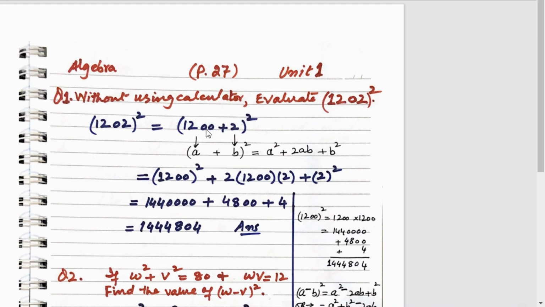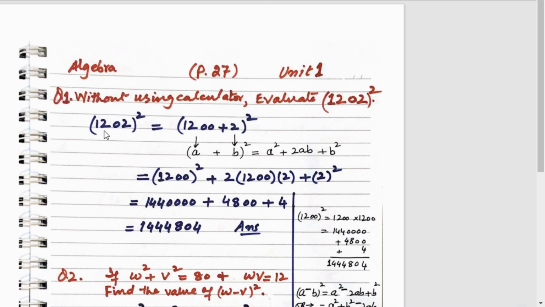120 whole square. Now again, all the three identities you should write down on the right hand side or left hand side of your page, or on a rough page in front of you. Then you write down this number and focus on how we can break it down into two numbers. It's very simple.